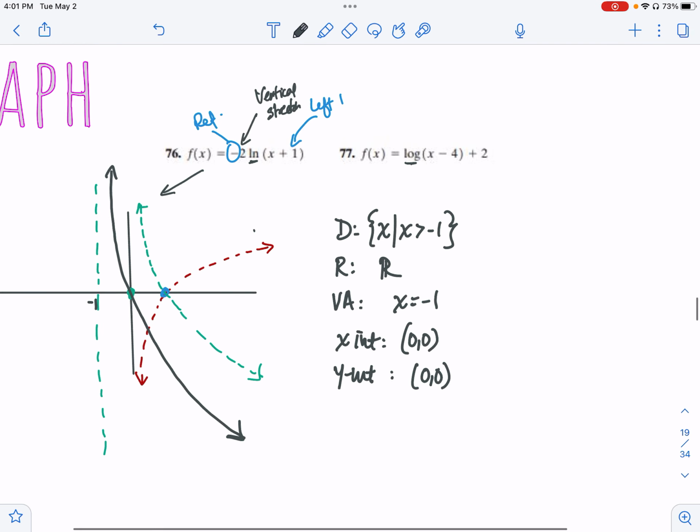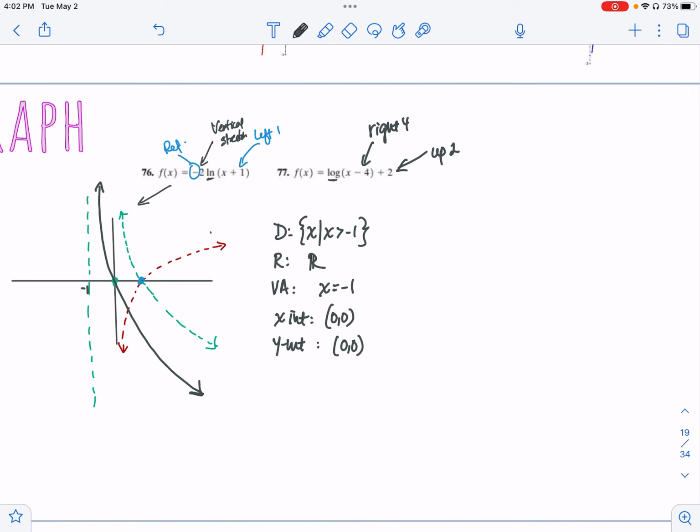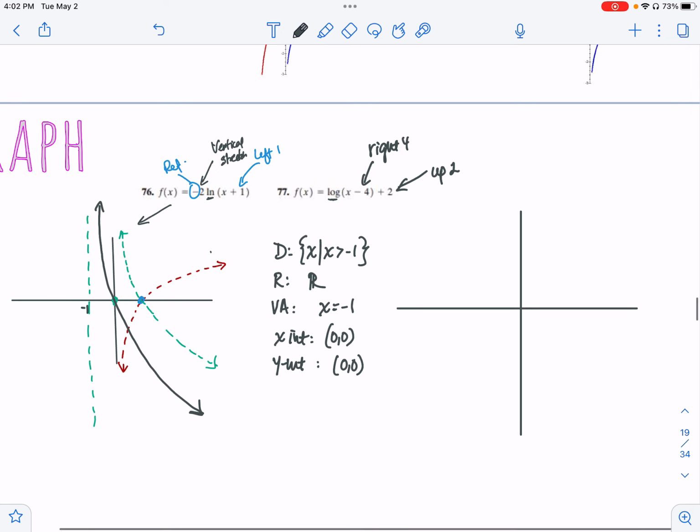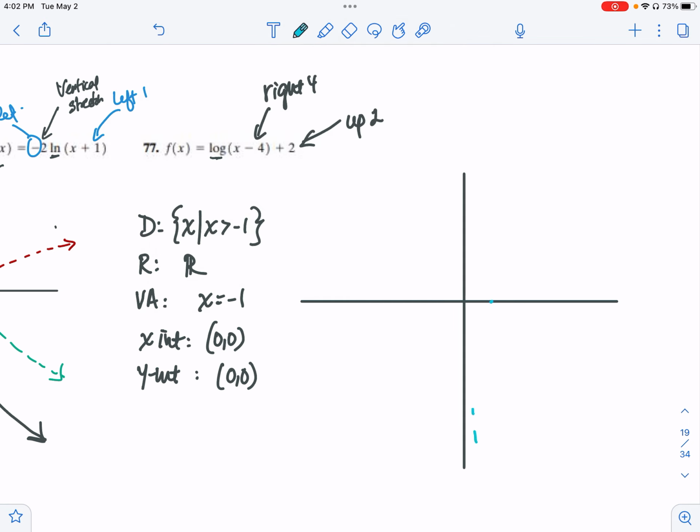The second one would make it go right 4 and up 2. Okay, as a guideline, I'm still going to keep the parent log function.